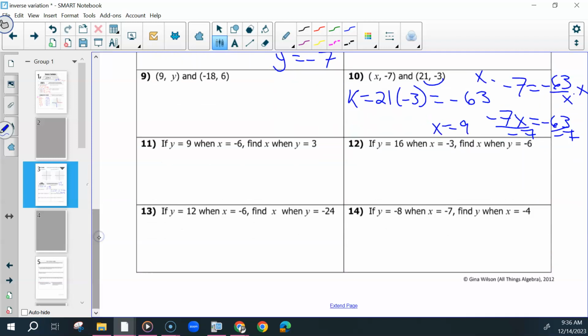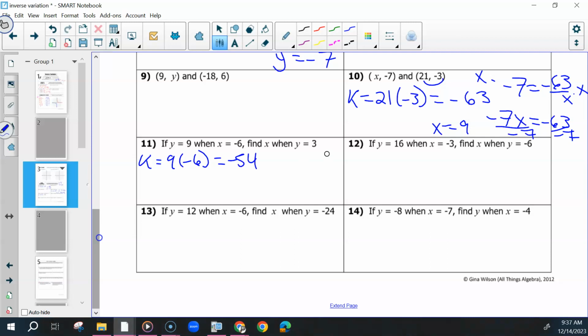We'll do one of each of these and move on to the word problems. Number 11. How would we find k? Are we dividing or multiplying 9 and -6? We get -54.